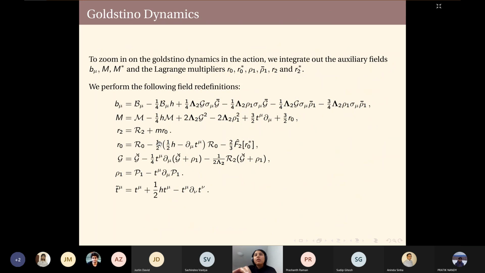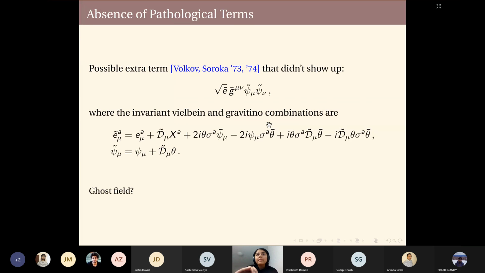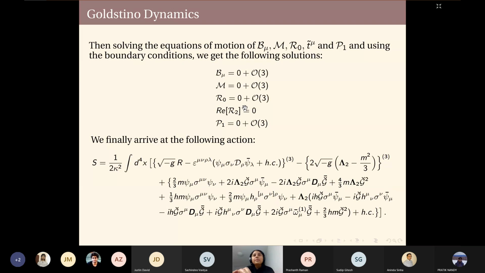There are all these auxiliary fields present in the Lagrangian, like the vector field and the scalars m, and then the Lagrange multiplier fields. We do certain field redefinitions on them like this, and when we compute the equations of motion for these fields, we get very nice solutions. Up to the second order in fields, all of these fields vanish, which provides us a huge simplification.